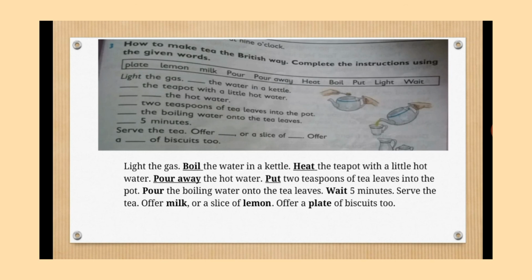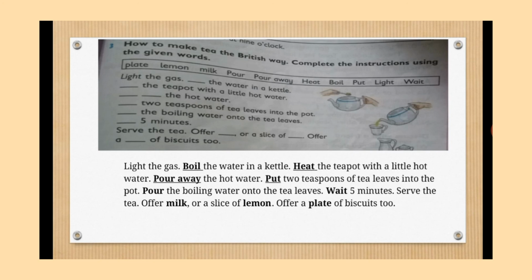That's very interesting, students, here, because in this slides, you will learn how to make tea the British way. You are given the words in the box and you will have to put it in a correct order. So how will you make the British tea?